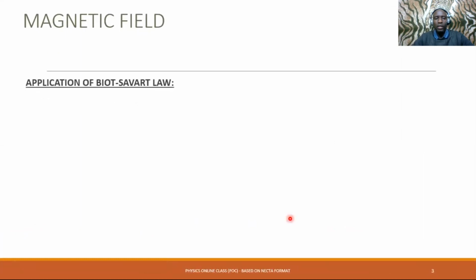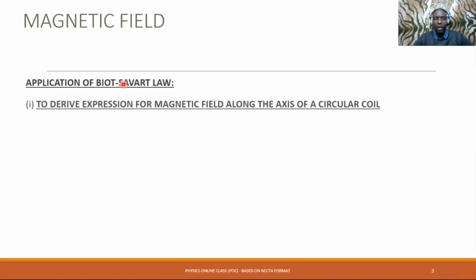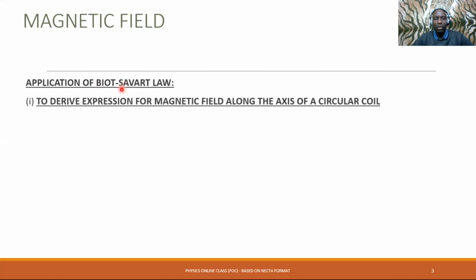Therefore, in today's session, we are going to use the application of Biot-Savart Law to derive the expression for magnetic field along the axis of the circular coil.